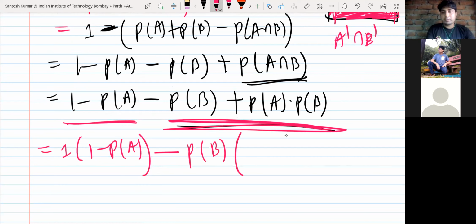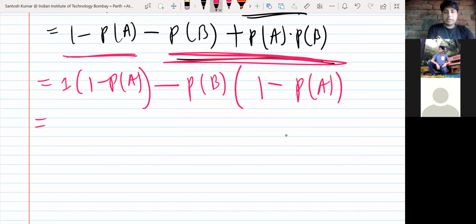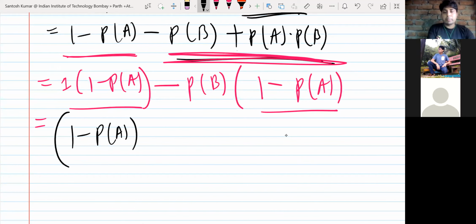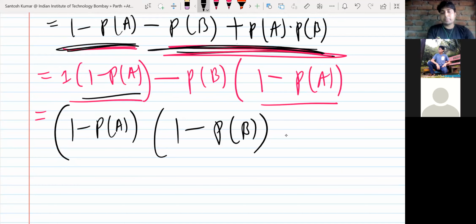Probability of B. So you will be left with 1 minus probability of A. And then again, what is common in both? 1 minus PA, 1 minus PA, you can take out. So 1 minus probability of B. So what I did is the factorization thing: common in the first two, common in the last two, and 1 minus PA is common, I took it out.